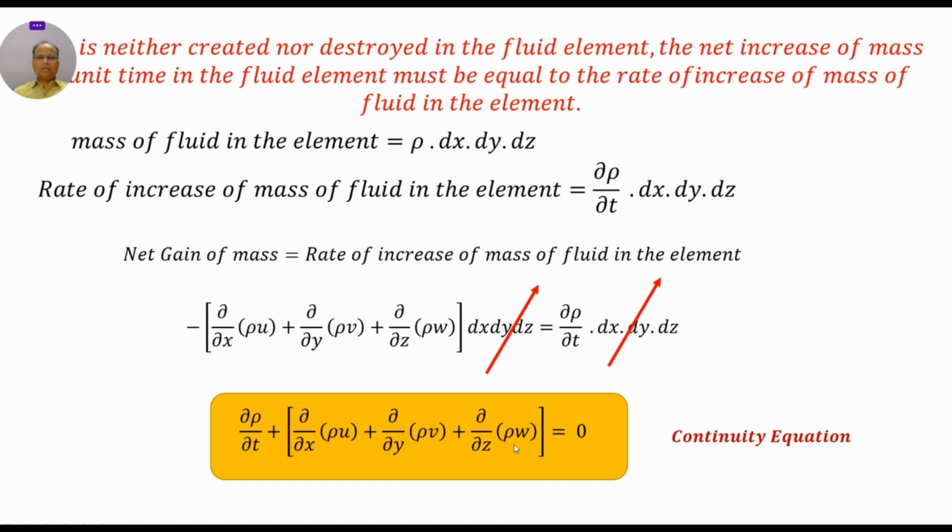without any assumptions. Now, as per the conditions or assumptions, we can modify our equation again. Suppose we say the flow is a steady flow, then whatever parameters are changing with respect to time, we keep as 0.